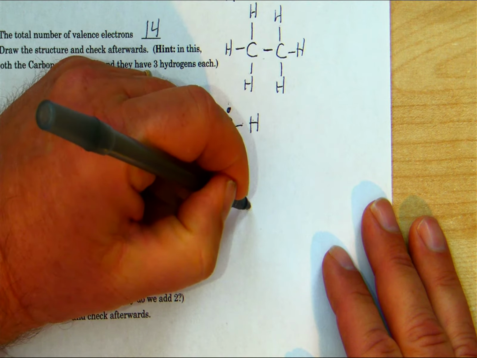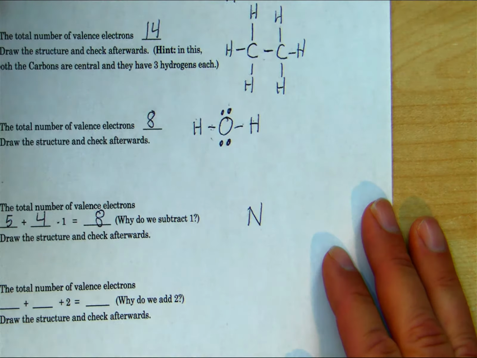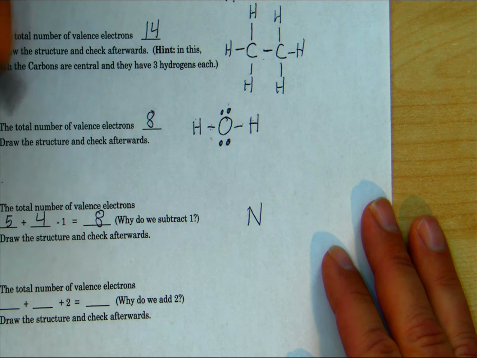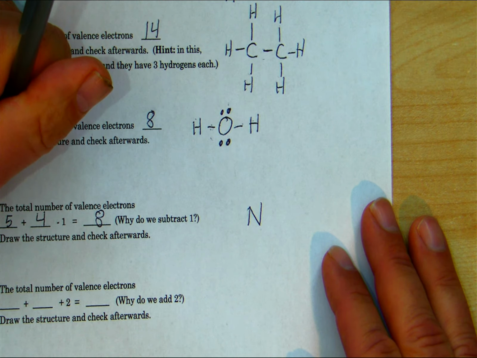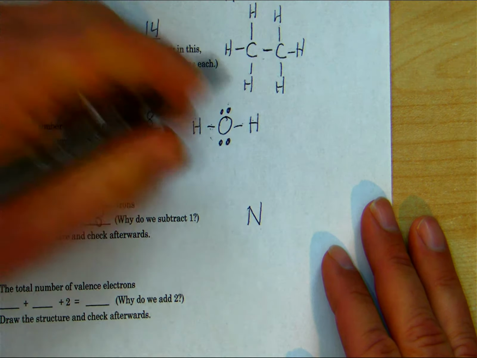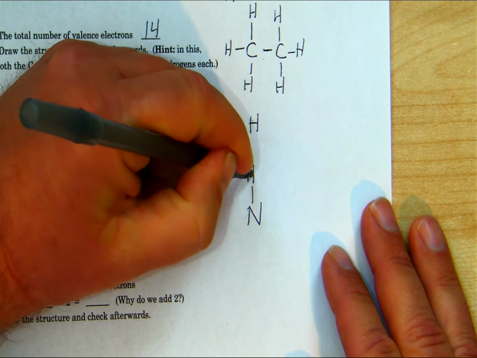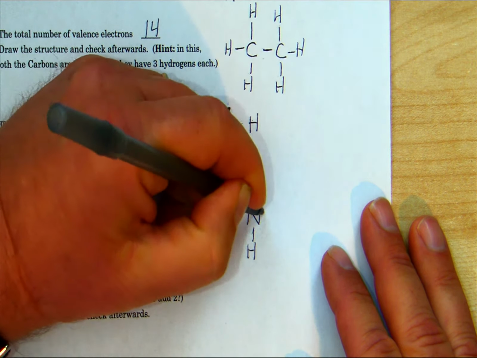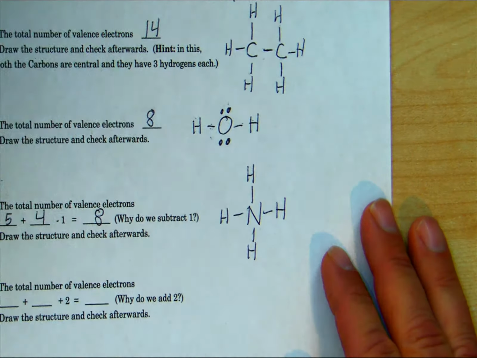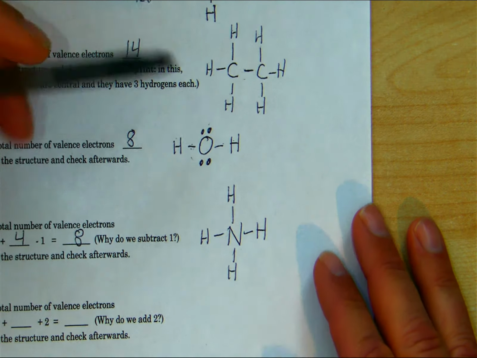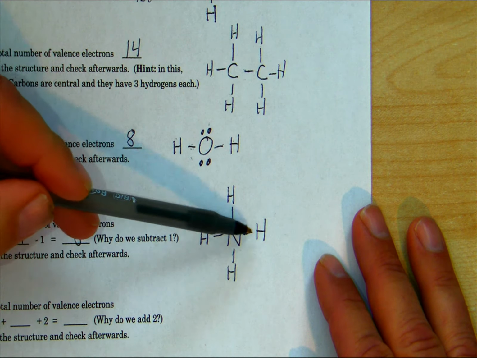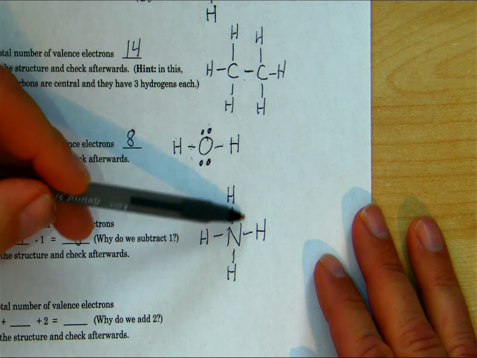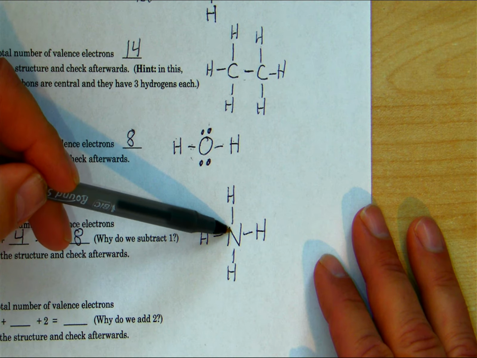As is our habit, we're going to put the nitrogen in the center. Hydrogens will only bond to one other atom, so I would distribute each hydrogen directly to the nitrogen. In this situation, I have 2, 4, 6, 8 electrons surrounding this nitrogen, making him happy.